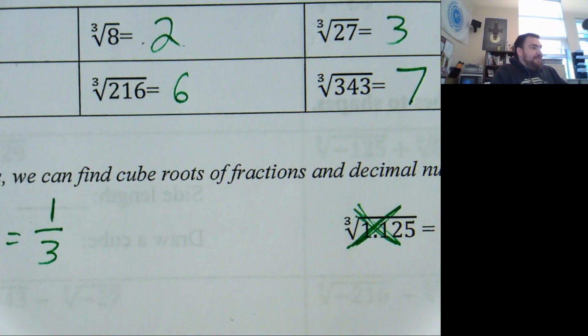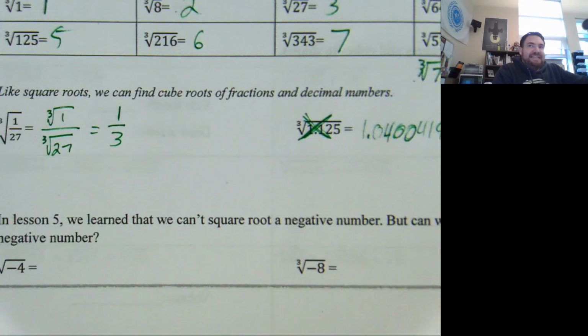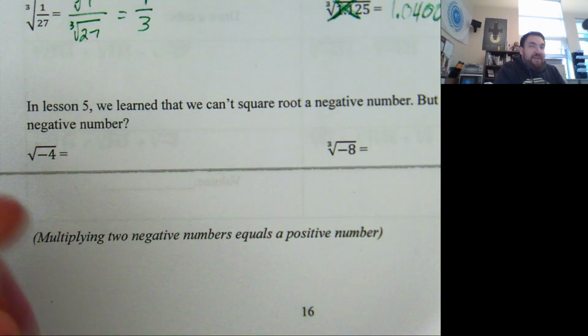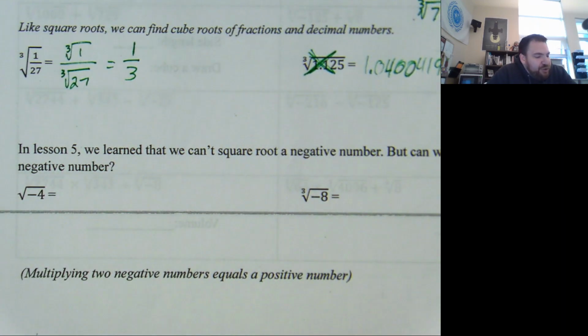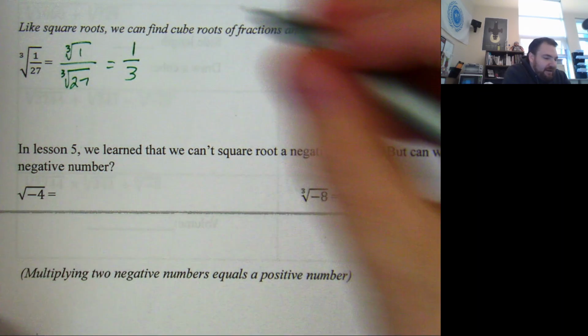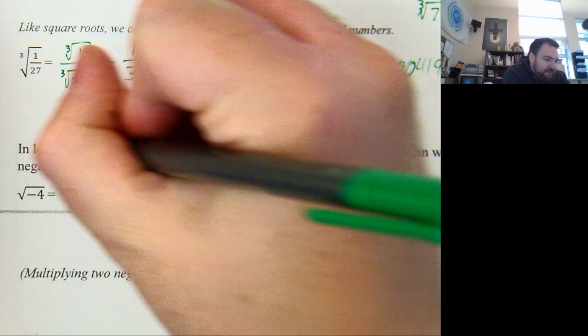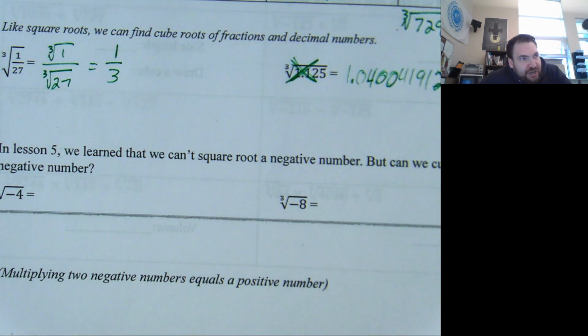Okay, so we didn't talk about this yesterday, but we're going to talk about it today. In lesson 5, we didn't learn this, so let's talk about it here. Can you square root a negative number? I left it off yesterday. Who said no? Why can't I square root a negative number? Because a negative times a negative is always a positive number.